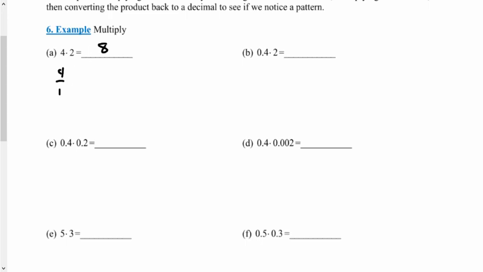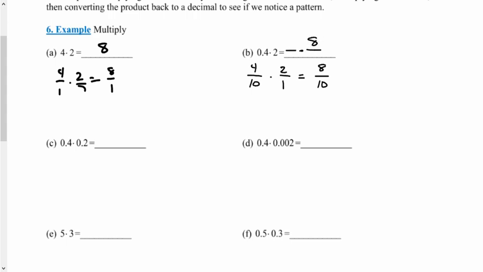That's 4 over 1 times 2 over 1 equals 8 over 1. Okay, easy peasy. But this one, this is 4/10 times 2 over 1. Remember you multiply across the top for fractions, multiply across the bottom for fractions. That gets me 8/10, which means I'll have one decimal place.